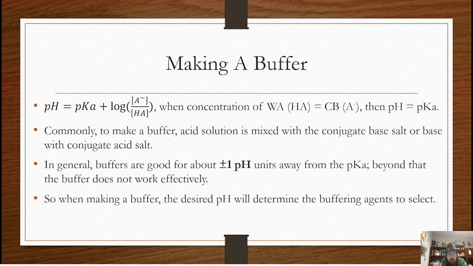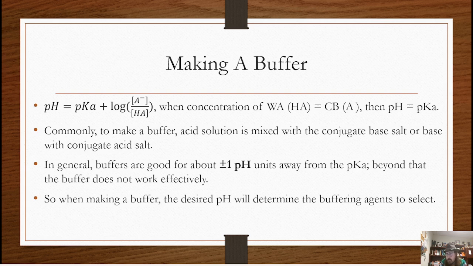So when we're making a buffer, you want two things. Knowing the desired pH of your buffer, you need to pick a compound that has a pKa somewhat similar to the desired pH.